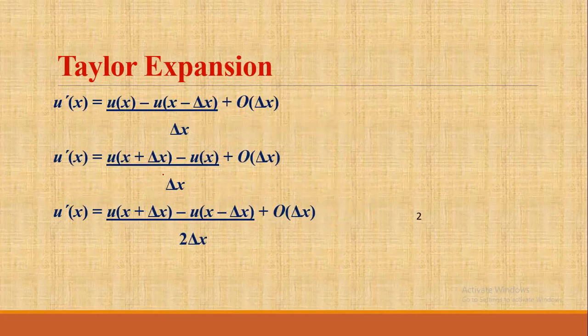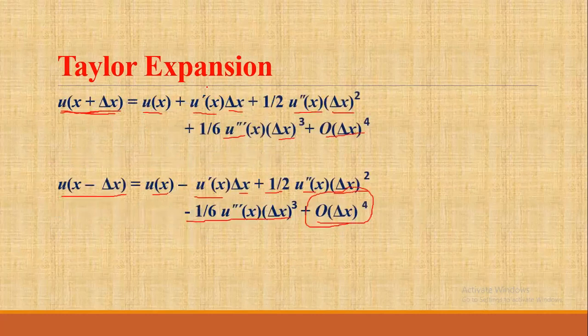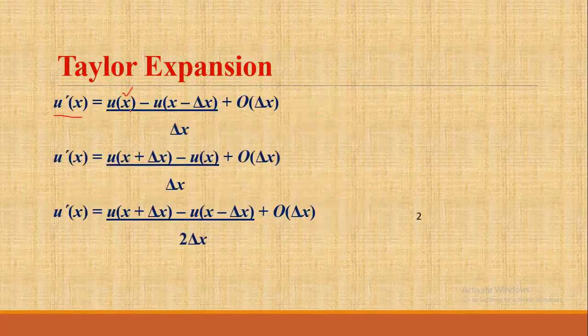Using the Taylor series expansion, we write u'(x) as (u(x) minus u(x minus delta x)) divided by delta x plus the remaining term. Again, using the x plus delta x Taylor series, we get u'(x) as (u(x plus delta x) minus u(x)) upon delta x plus the remaining term.